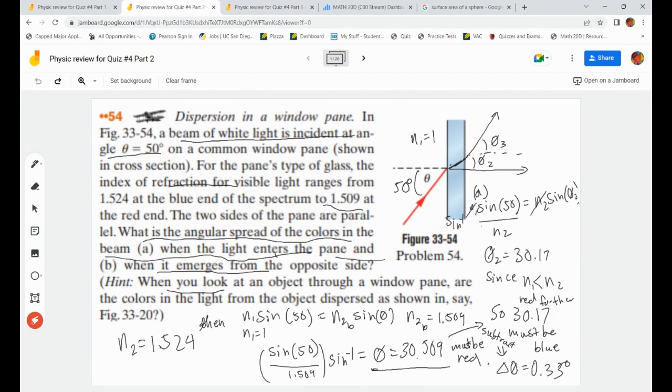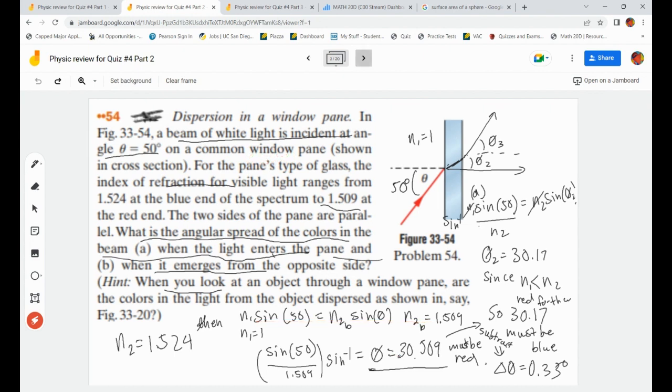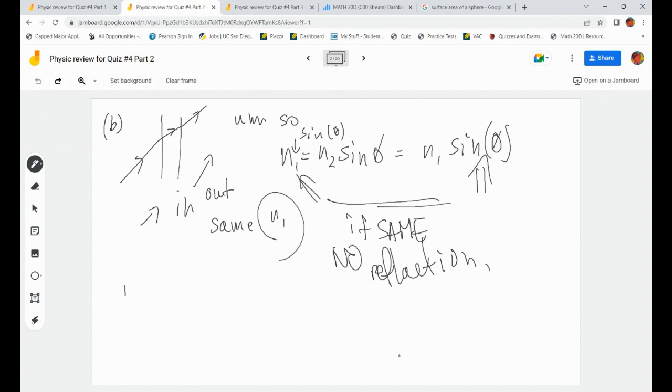Yeah, it should be the same, because the n value is the same. So imagine having n1 sine theta. You can actually test this out. Why don't we test it out? Because I don't think I can explain it correctly without testing it out.